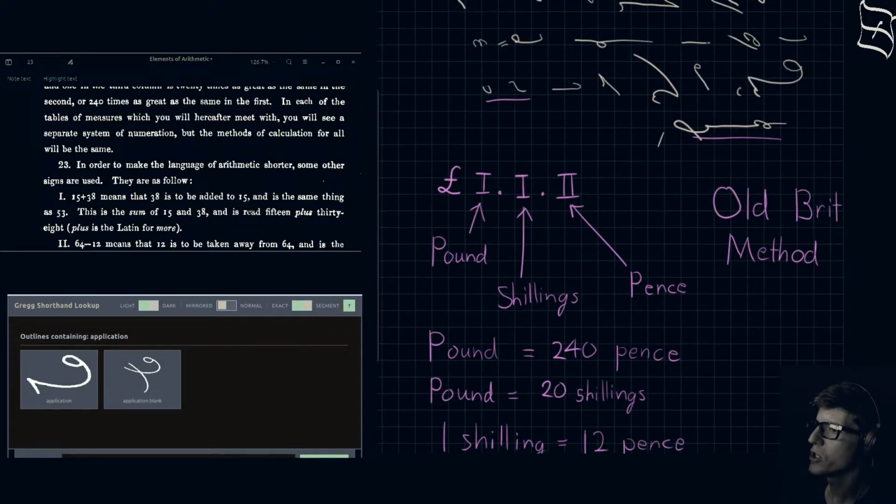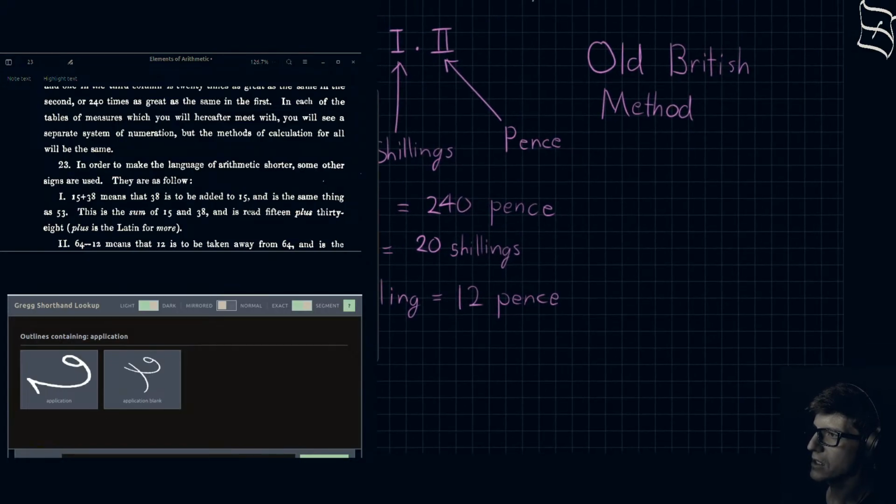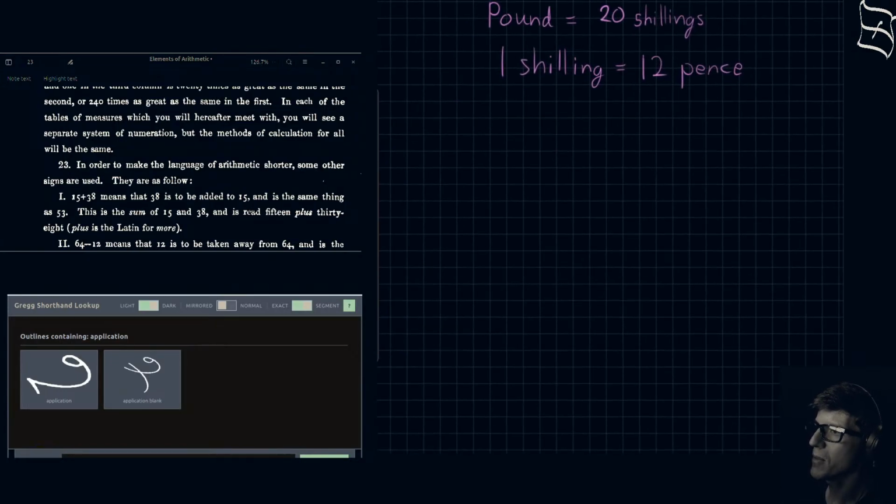This is the Old British method, where it's a pound, shilling, and pence. Okay, 1 pound was 240 pence, 1 pound was 20 shillings, 1 shilling is 12 pence. Okay, and that's the Old British method. Now let's take a look at the American method. So we're going to change color here. Let's go back to the original, and we're going to call this United States currency.